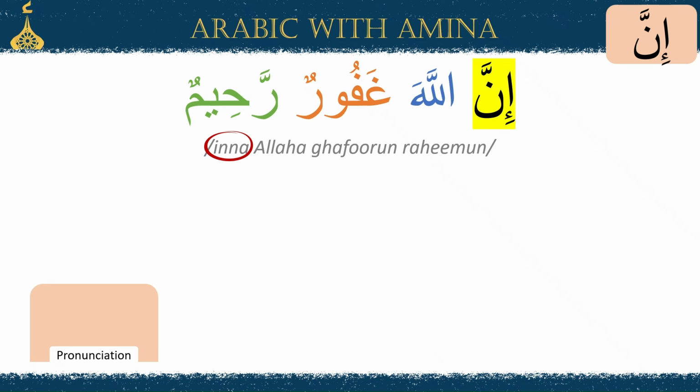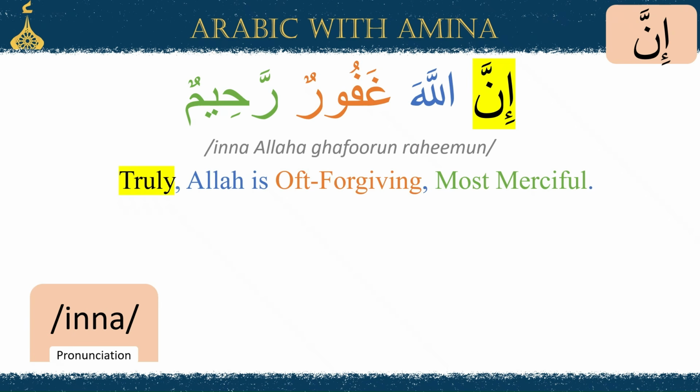So inna. And the translation would be, truly Allah is oft forgiving, most merciful. So as we can see here, inna obviously means truly. However, it can also mean certainly or indeed. They all have almost the same meaning.